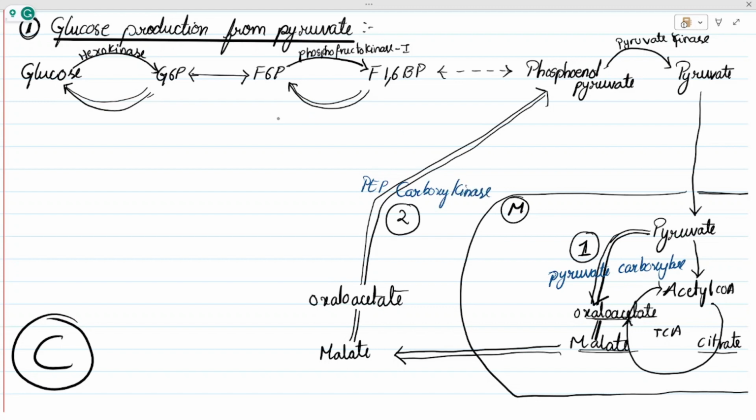The third one occurs in presence of fructose 1,6 bisphosphatase. And the fourth reaction requires glucose 6 phosphatase. Here the first reaction requires ATP and the second reaction requires GTP.